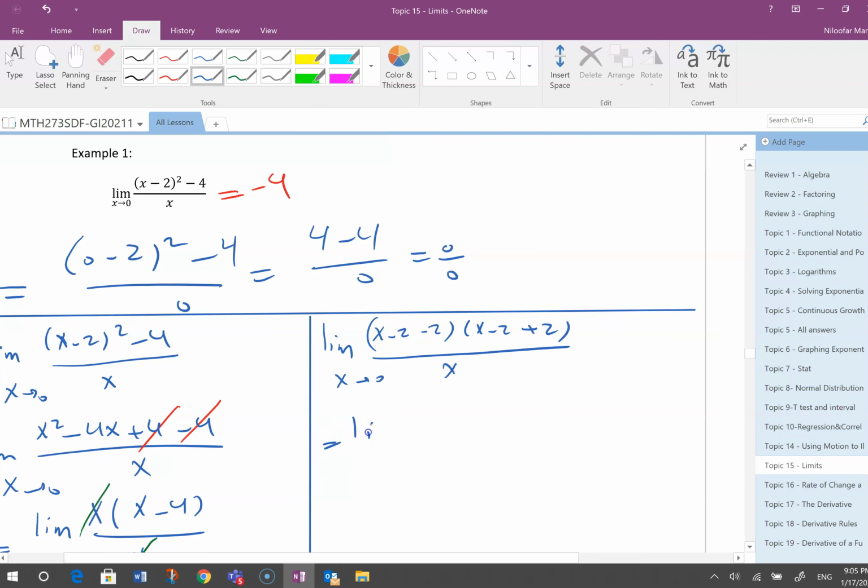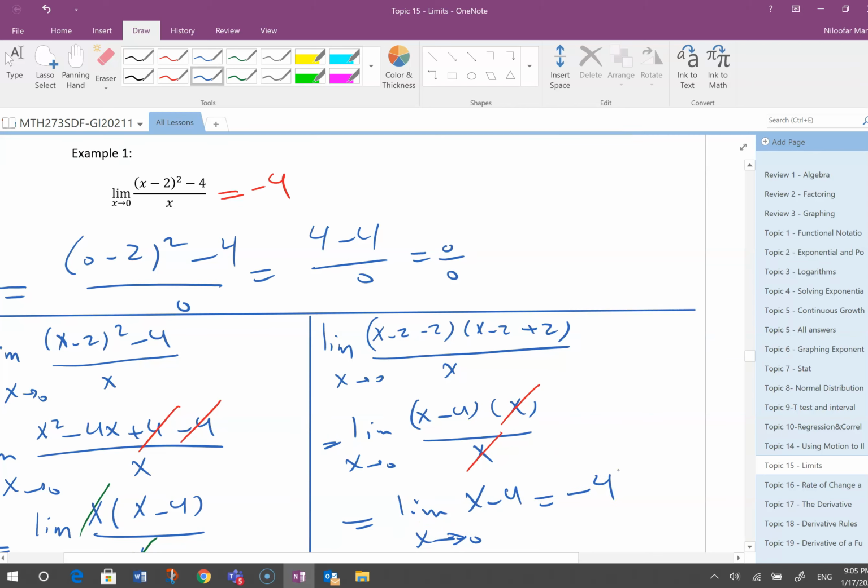This is limit x goes to 0 of (x minus 4) multiplied by x over x. You can cancel x and x. Equal limit x minus 4, x goes to 0, which is minus 4.